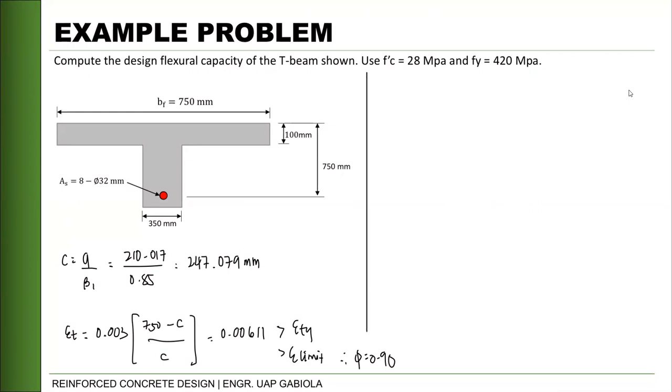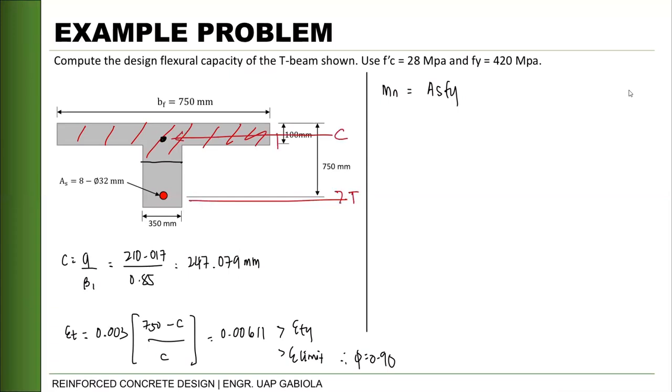Okay? To calculate for the moment, what we need now is ASFY, our T, times a distance. So, for example, this is the portion of ours. That means somewhere there is the centroid, let's say that is the centroid, where our C acts. This is our T. Okay?